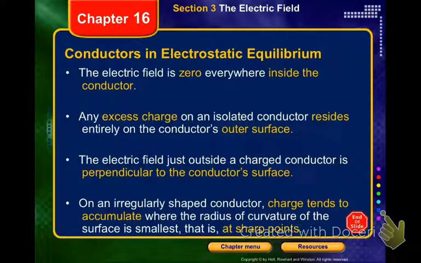You've got your negative charges that want to accumulate there at your sharp points. Going back to the one before it, the electric field is going to be perpendicular to the conductor surface, and those electric fields are going to be perpendicular to the surface. So make sure you know those 4 things about electrostatic equilibrium.